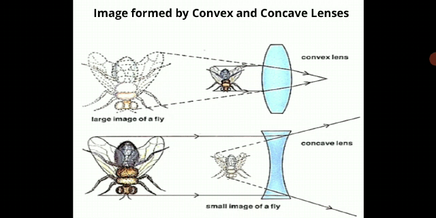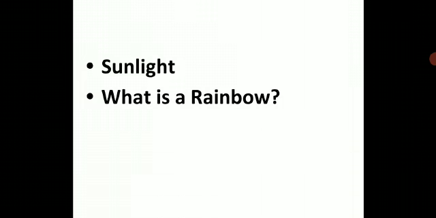The larger image is formed by the convex lens and a smaller image is formed by the concave lens. You can show the arrows, you can show the rays, you can show the converging of the light rays after refraction by the convex lens, and the diverging of the rays after refraction in the concave lens. This is how the image is formed by convex and concave lenses.